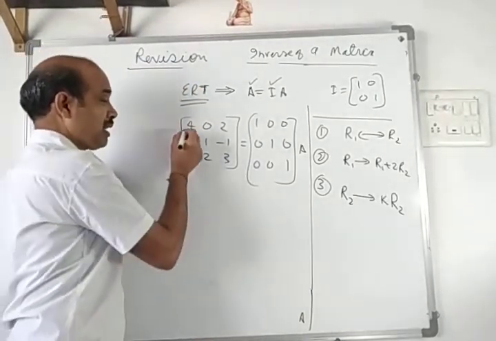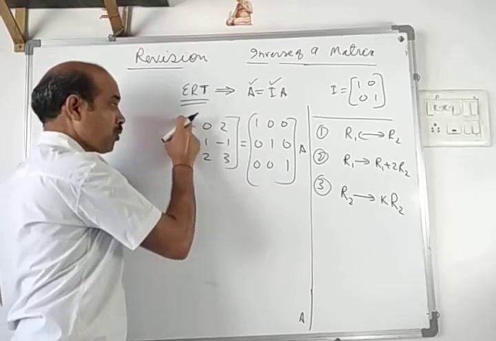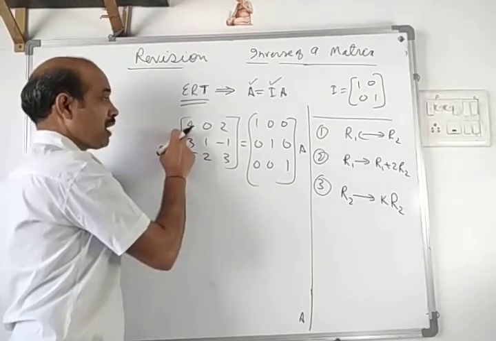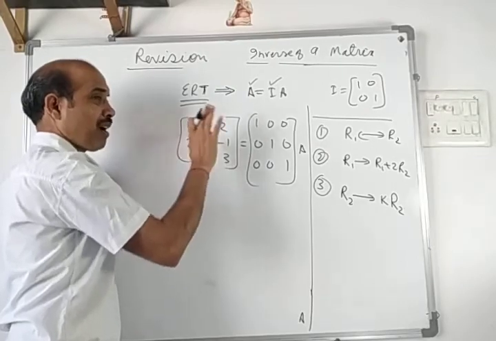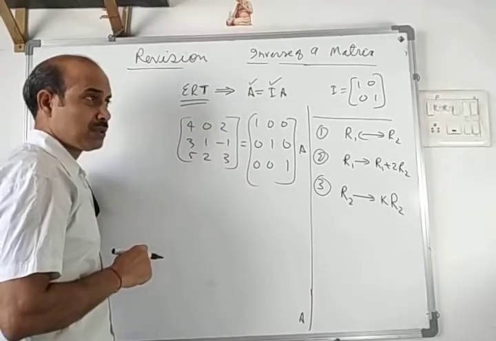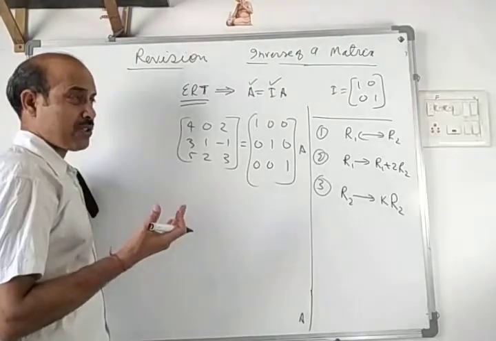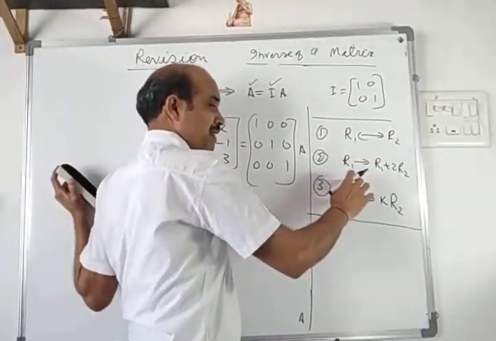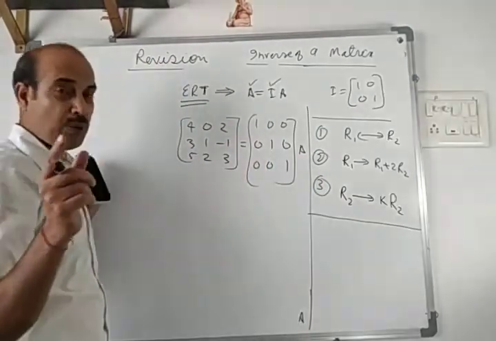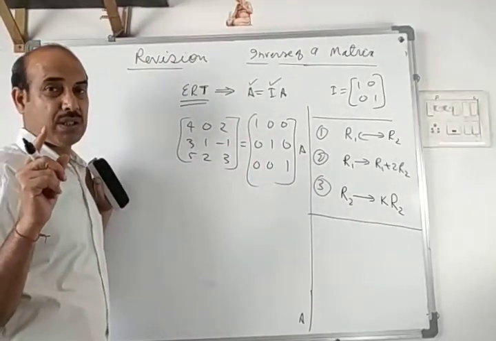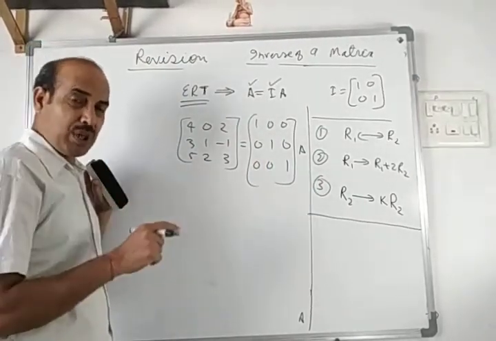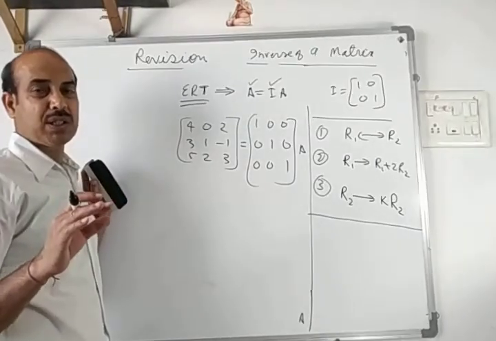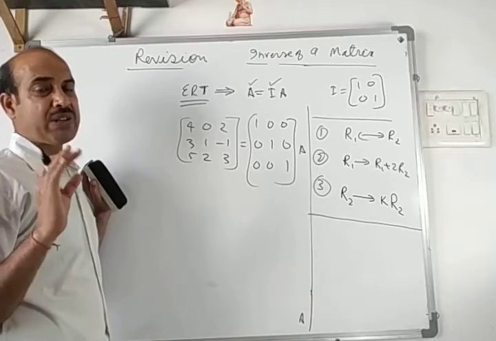So firstly, see carefully. First of all, you have to make this 1. Anyway, you can divide by 4. The whole row can be divided by 4 if you are applying row operations. If you are applying row operations, then you cannot use column operations. If you apply column operations in the beginning, then the whole method will be based on column operations only.